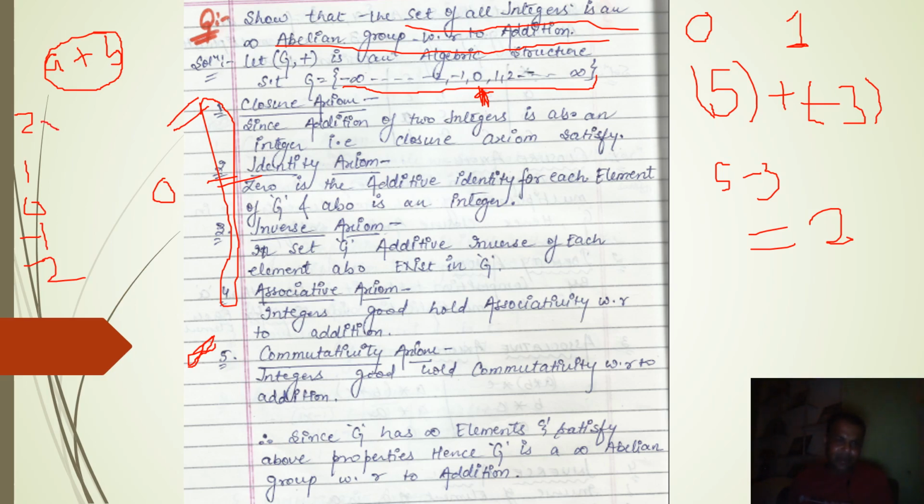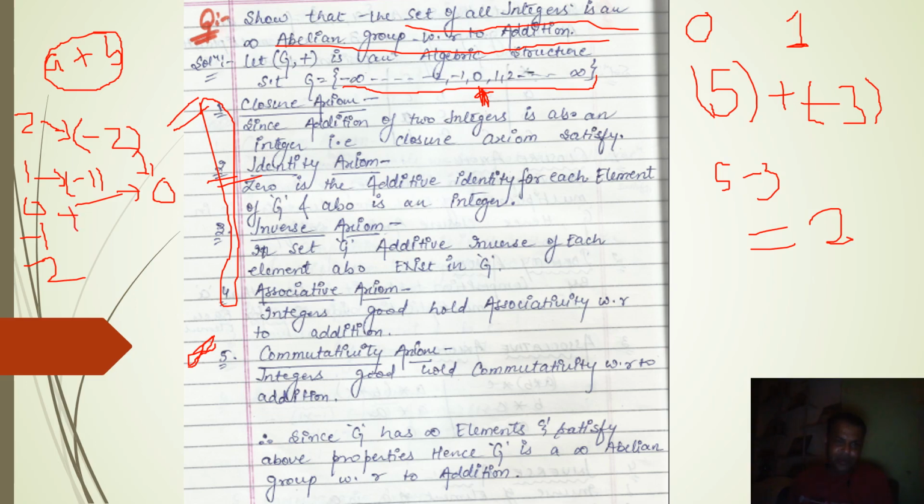What number must be added to +2? Obviously, it is -2. If we add -2 to +2, then we will get 0. So -2 is the additive inverse of +2. Similarly, for this one, we will add -1 and we will get 0. So -1 is the additive inverse of 1.